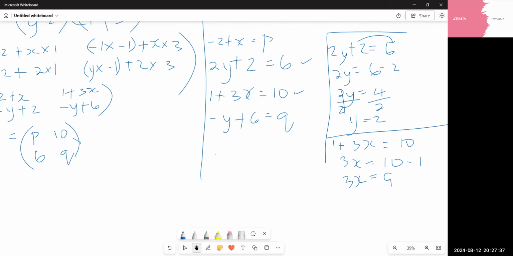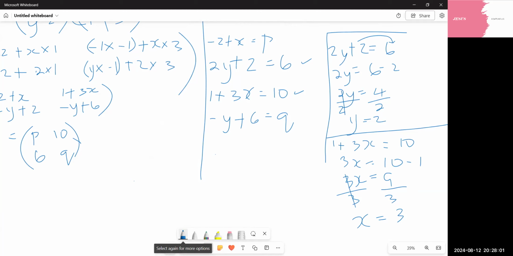And we want x, so we divide both sides by whatever number is attached to x, which is 3. And 9 divided by 3 is 3. So now we have x and we have y.